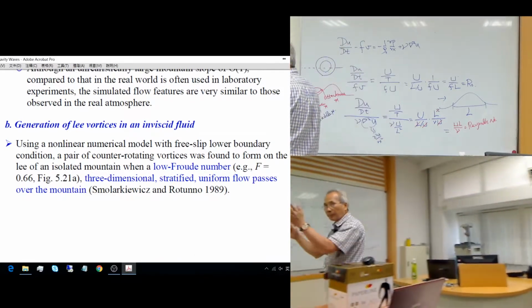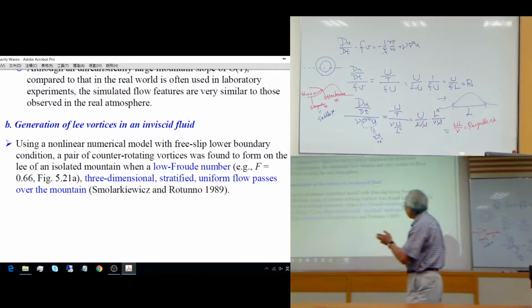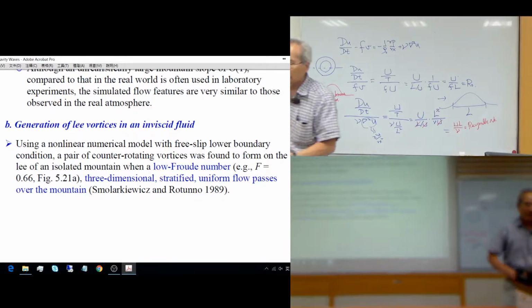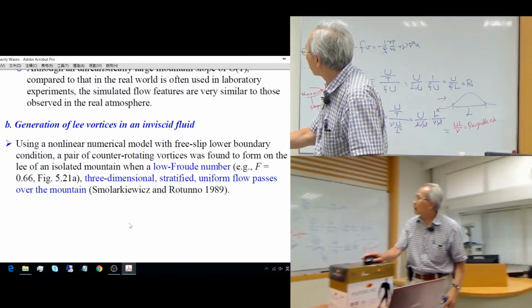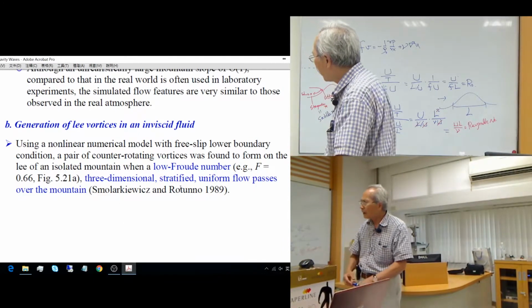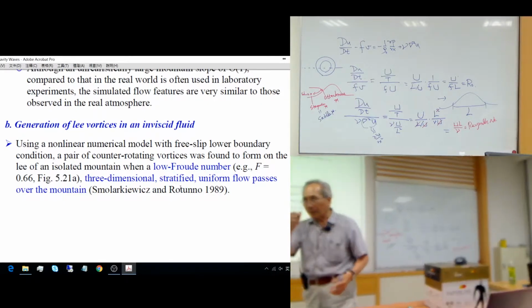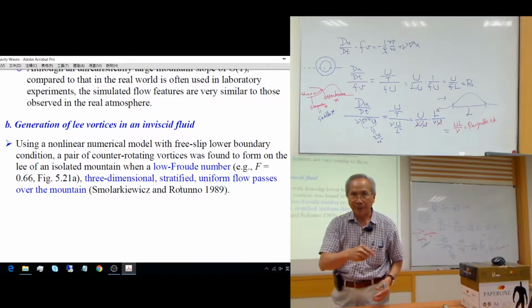Now, this has been known for some time. Now in 1989, Smolarkiewicz and Rotunno drew a numerical model, and then they turned off the friction.